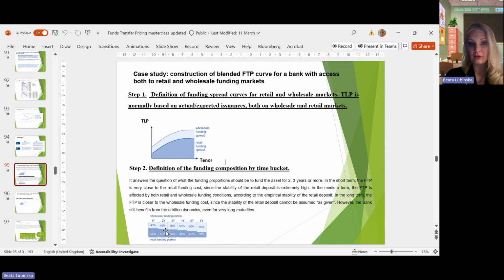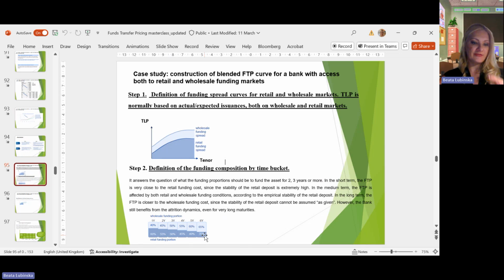Then for the longer tenors, of course, these proportions are changing because you have lower reliance on the retail funding portion. So in this case, it will be 55%, and your wholesale funding portion will increase instead. Because your reliance on those longer tenors is growing, here you don't include the new business.